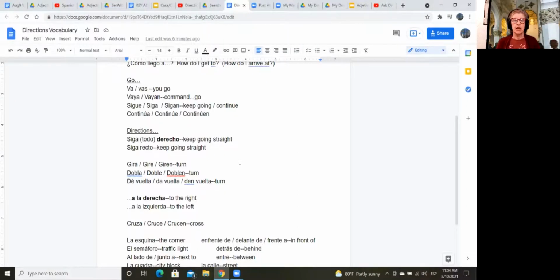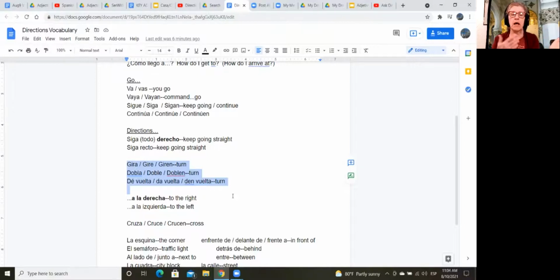Okay. If they tell you to turn, you may hear any of these terms. Turn might be expressed with different verbs. It might be gira, familiar. Gire, more polite. Giren, hey you guys, there's more than one of you. Turn. It might be dobla, familiar.